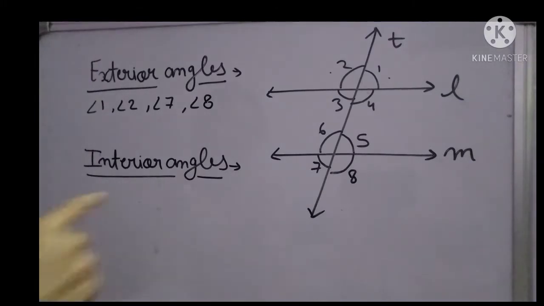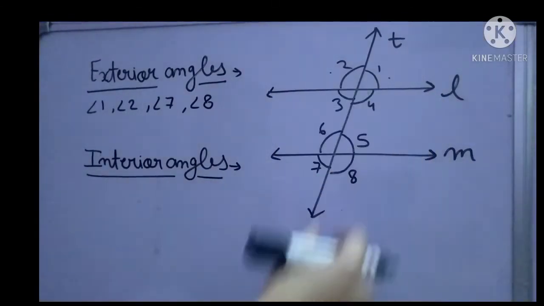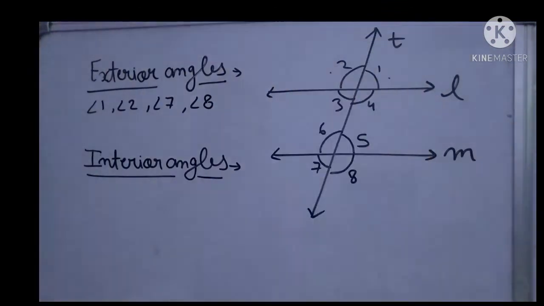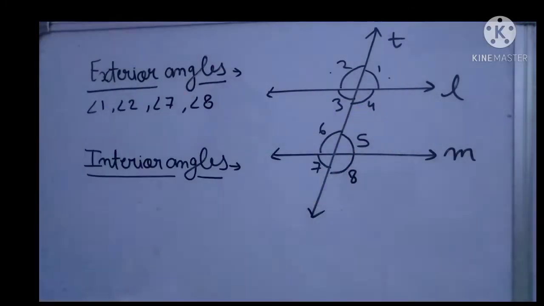Next we have interior angles. The opposite of exterior angles, meaning those angles which lie in the inside region, the interior region of the lines. See, this region is the interior region of lines L and M. So those angles which lie in this interior region are called interior angles: angle 3, angle 4, angle 5 and angle 6.